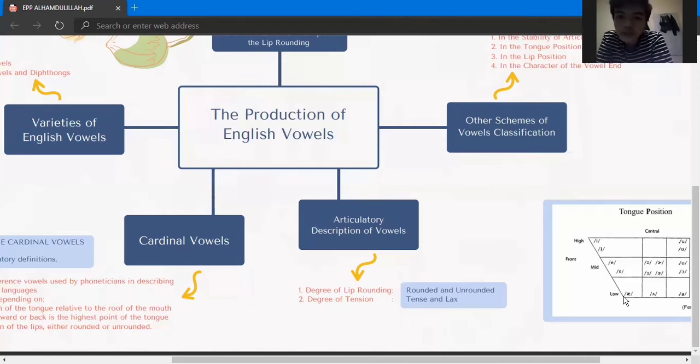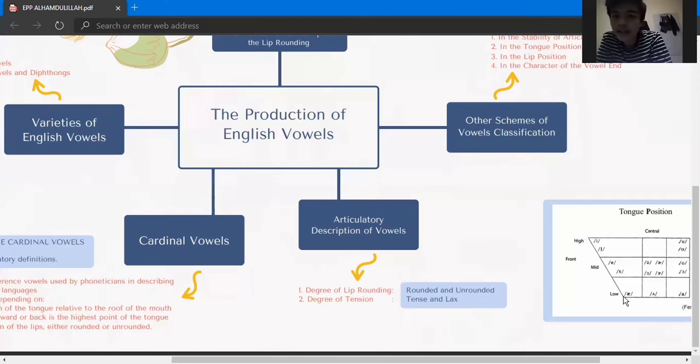Wide and narrow refer to the tongue root position. To form a narrow vowel, the tongue root retracts toward the pharyngeal wall and the pharynx is narrow. To form a wide vowel, the tongue root is advanced so that the pharynx is expanded.